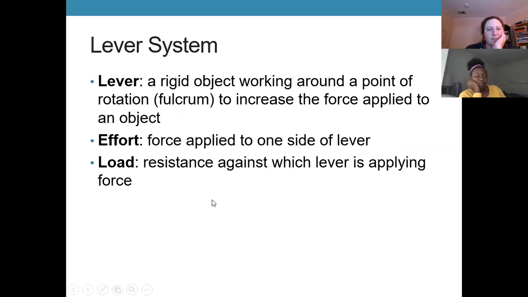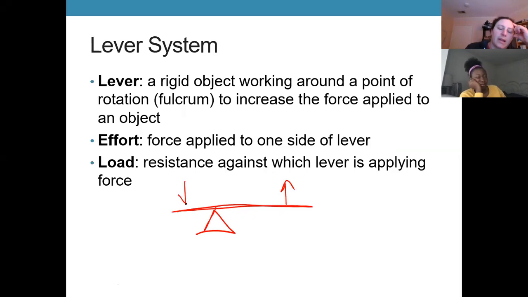All levers work like that. So all levers are going to have obviously a lever, and somewhere there's going to be a fulcrum, somewhere there's going to be effort being applied to the lever, and then the load is what we're trying to move.